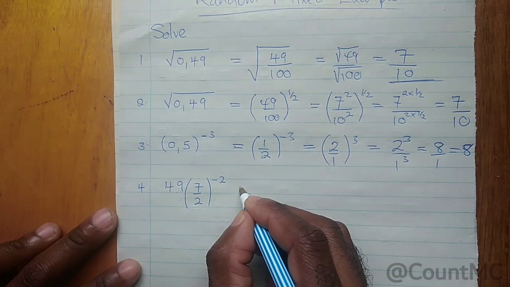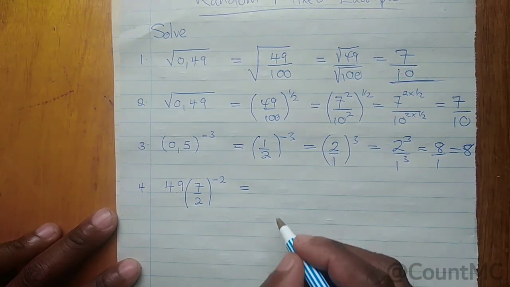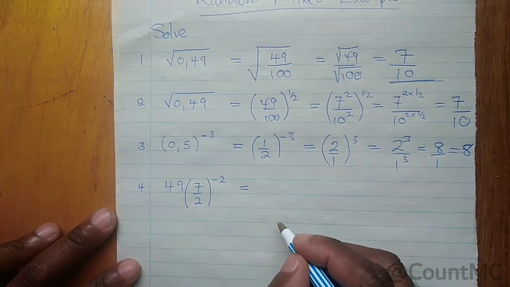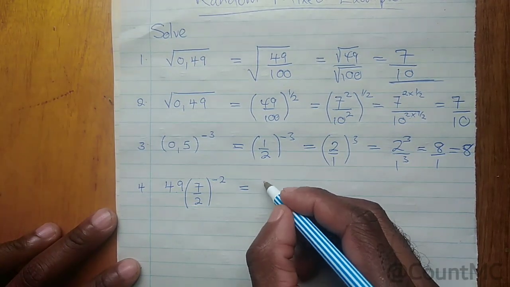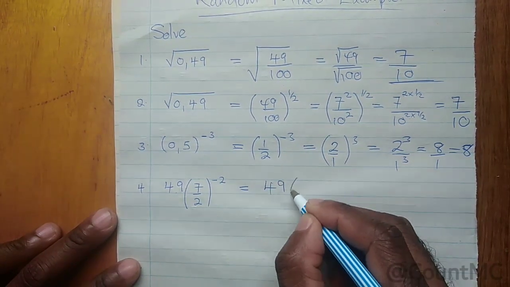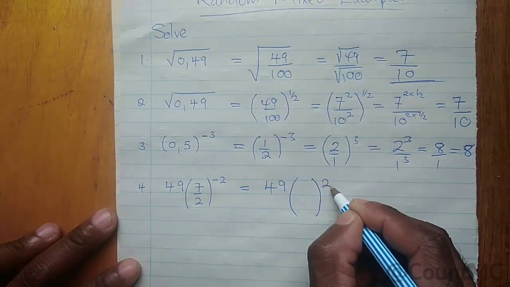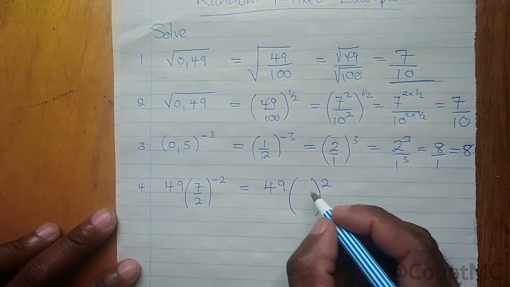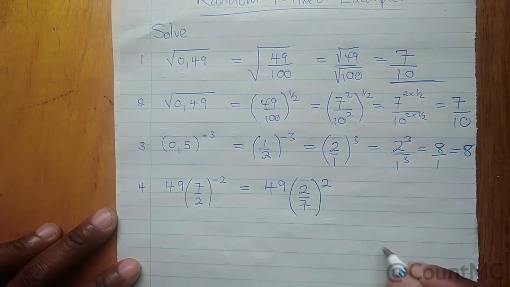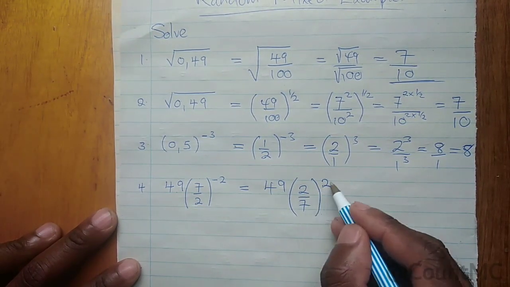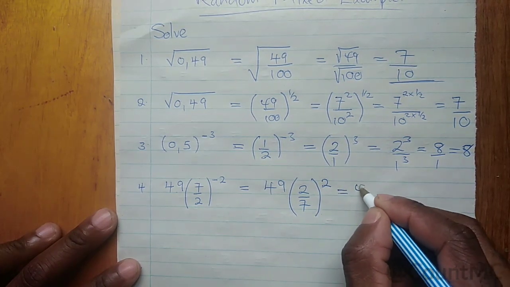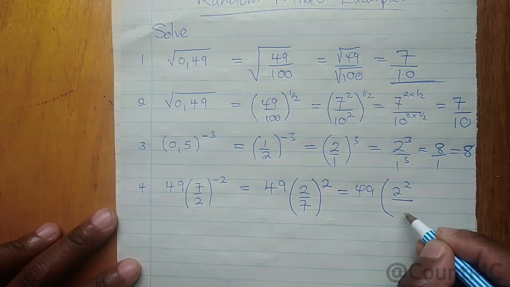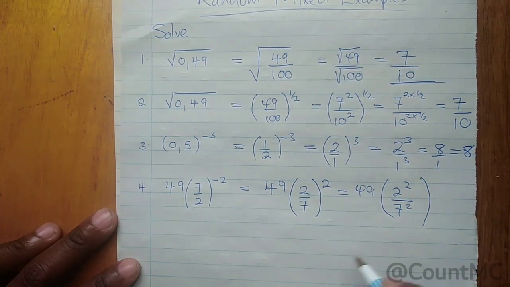Alright, number 4. Number 4 is saying 49 times this bracket is to the power minus 2. So let us remove the minus sign first. This will be 49 times the bracket to the power 2. We have removed the minus, so let's invert whatever was inside. This will be 2 over 7. Now let us distribute the 2 inside. This is 49 times 2 squared divided by 7 squared.